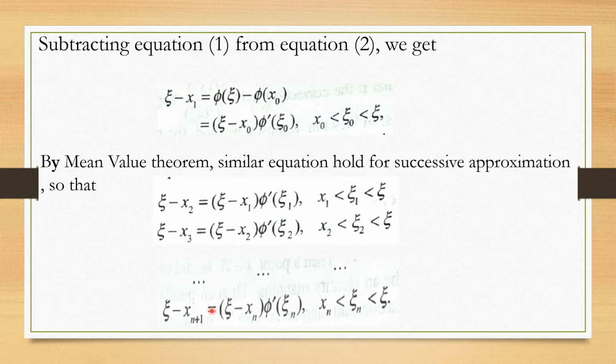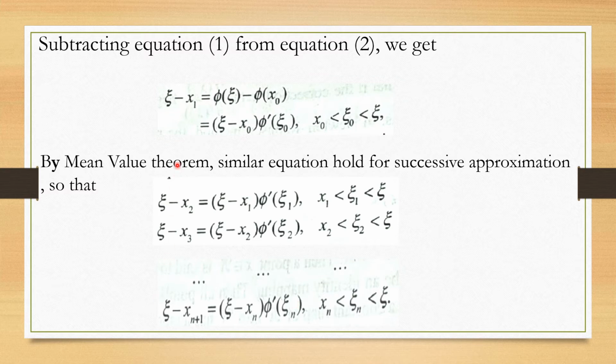We can obtain xi minus x(n+1), which is equal to xi minus x(n) times phi dash at xi(n), where xi(n) lies between x(n) and xi. These all relations are generated by using the mean value theorem.